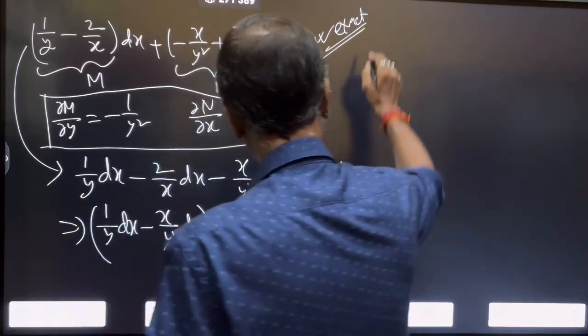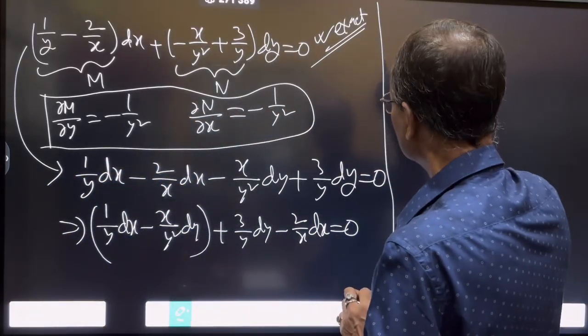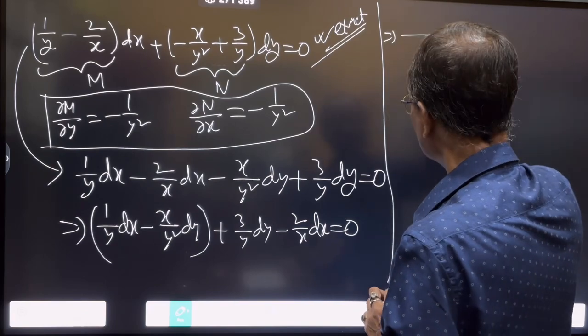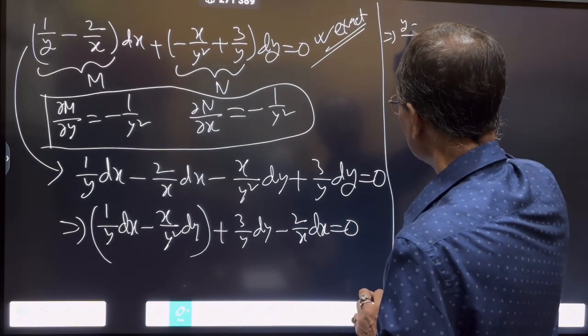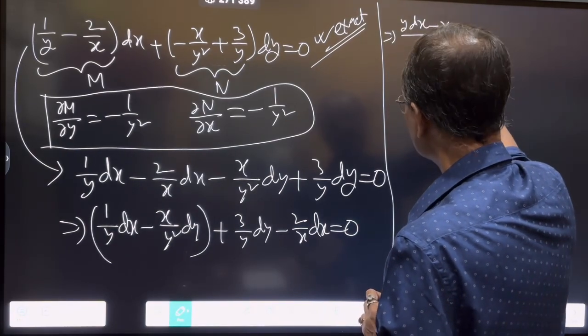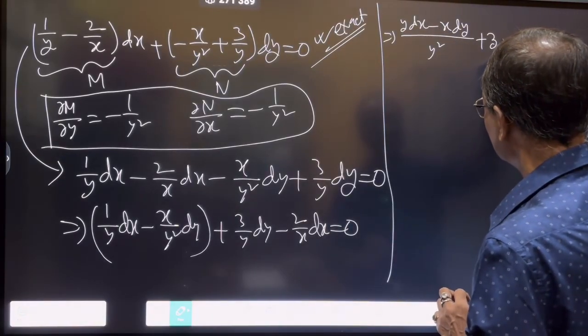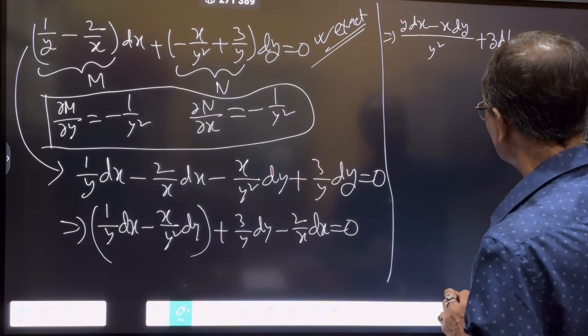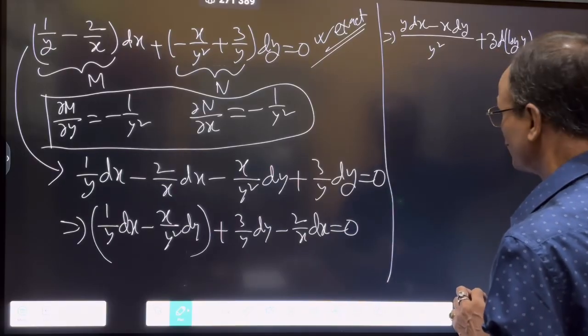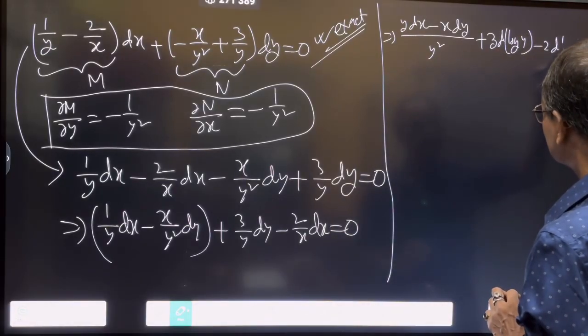Now, this means it is y dx minus x dy by y square plus 3 d of log y minus 2 d log x equal to 0.